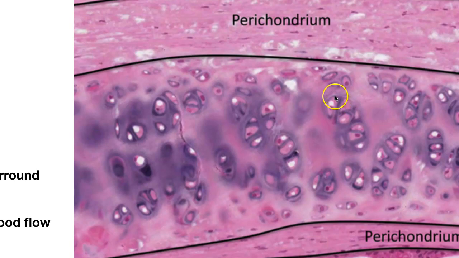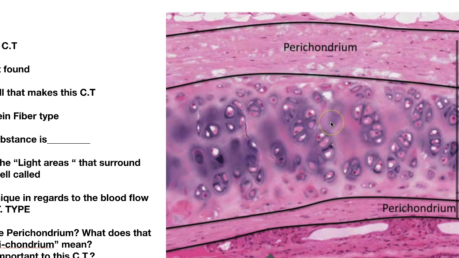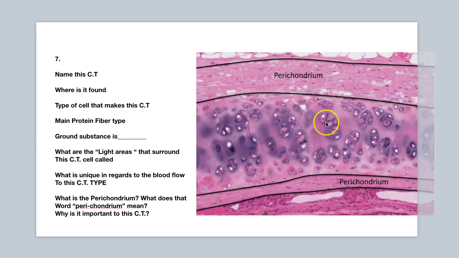What is this structure out here that is surrounding each of these cells? Hopefully this won't confuse you guys too much. What's unique about the blood flow to this connective tissue type?